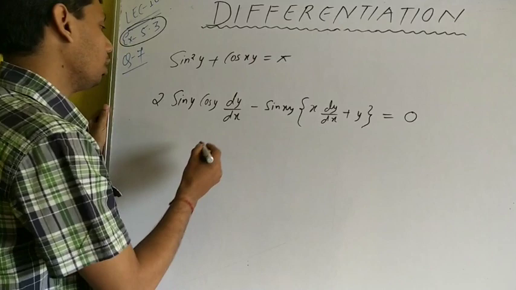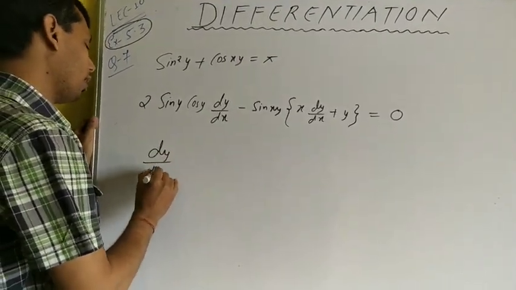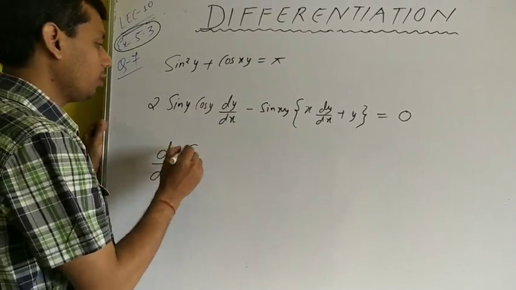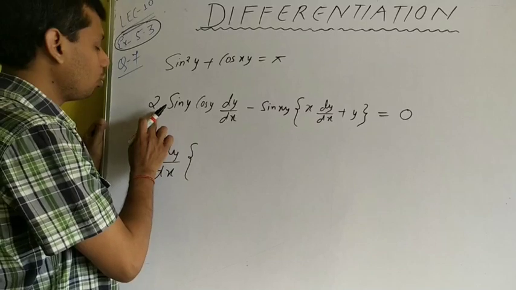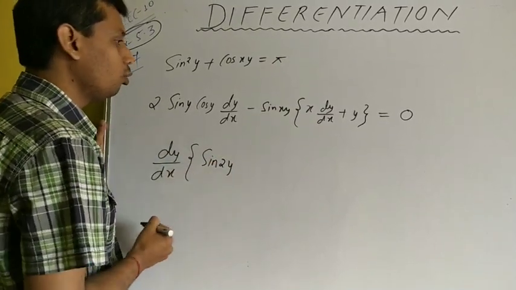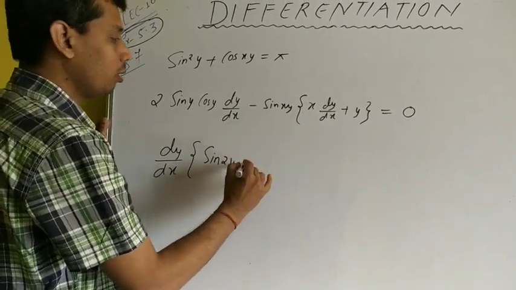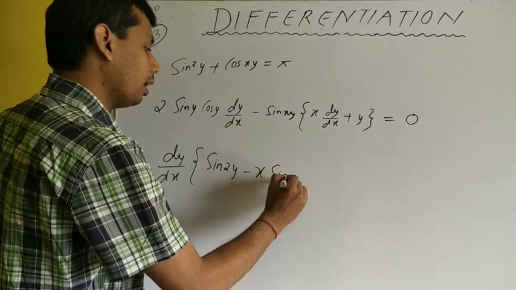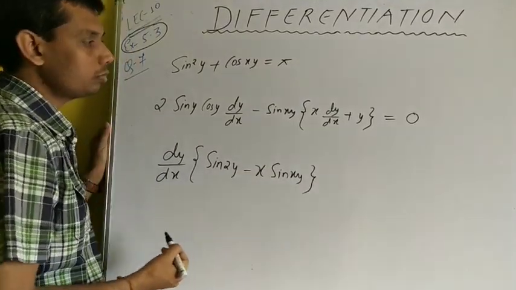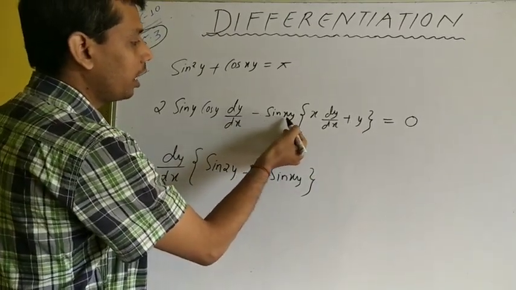0. Now see, as we have to determine the value of dy by dx, let us take this dy by dx common. If we take dy by dx common, 2 sin y cos y is sin 2y. Again from here we have taken dy by dx common, so this is left with minus x sin xy. Okay. Now this is plus y into minus sin xy.